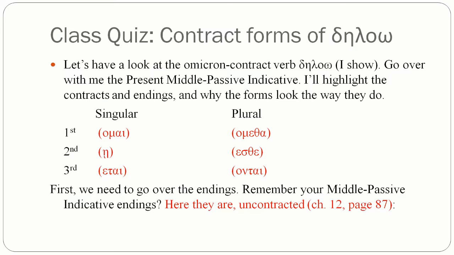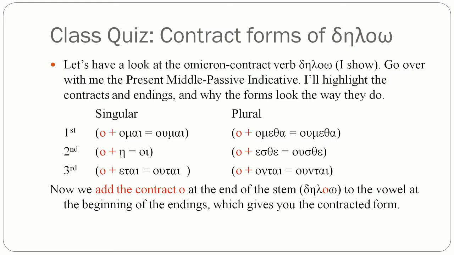Now let's add the omicron at the end of the stem delao. And so you can see all of those forms now. The omicron has been added to the ending, and I've given you the contracted ending now. Omicron plus amai equals umai. Omicron plus eta with an iota subscript in the second person singular is oi, simply oi.